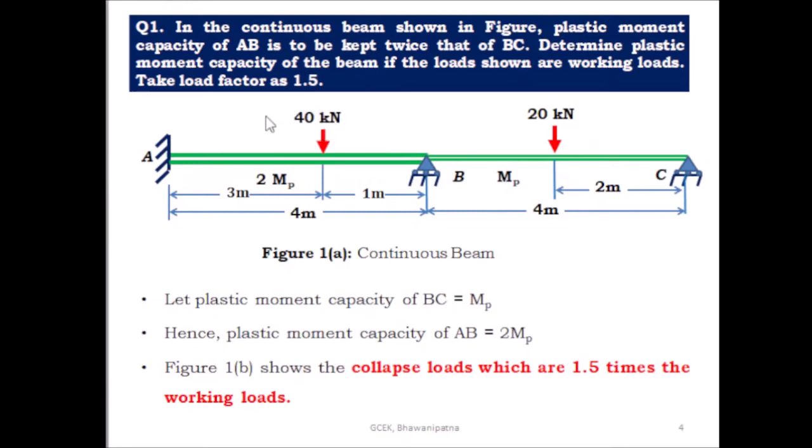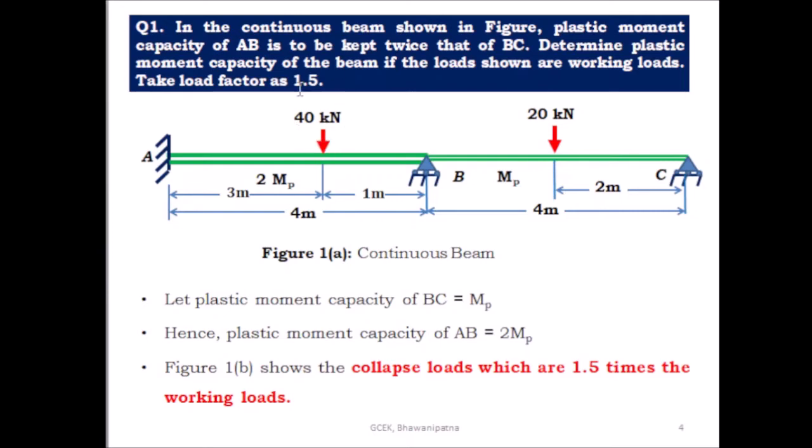This load is the working load, and on span BC there is a concentrated load of 20 kilonewton at the midpoint of the span BC. This is also working load.